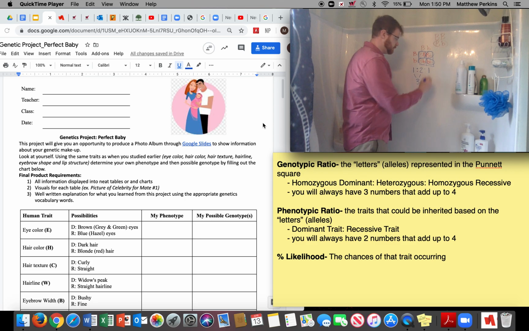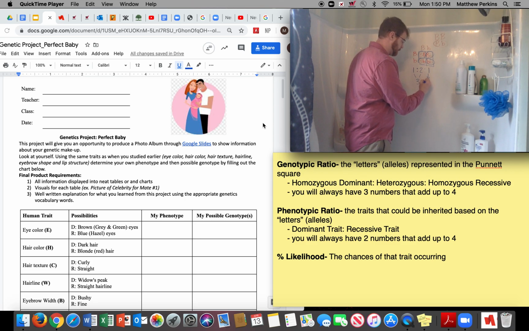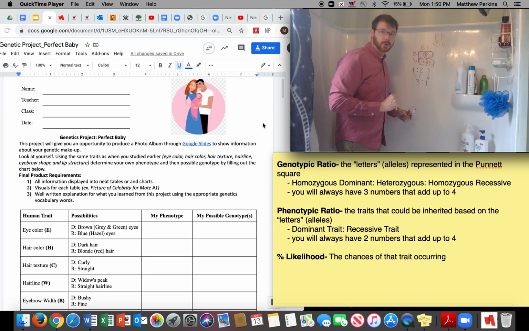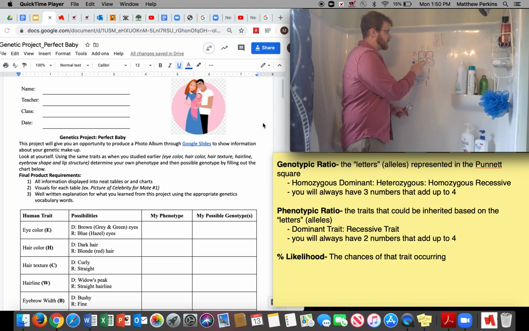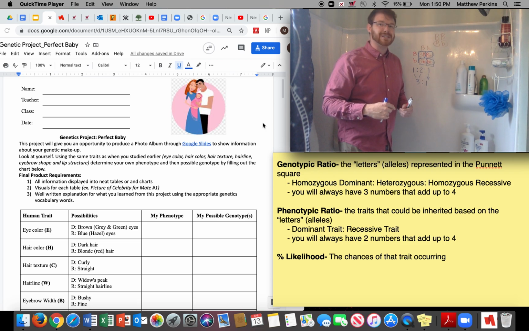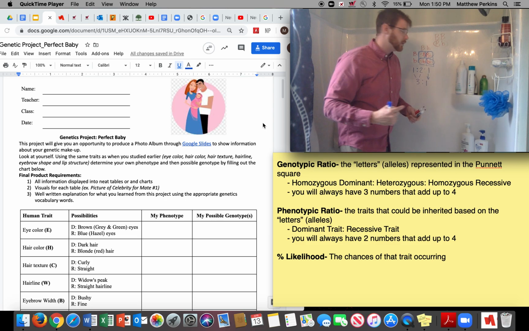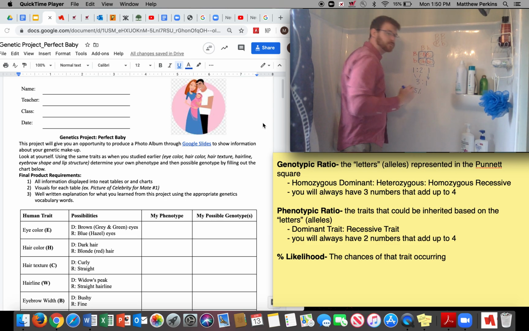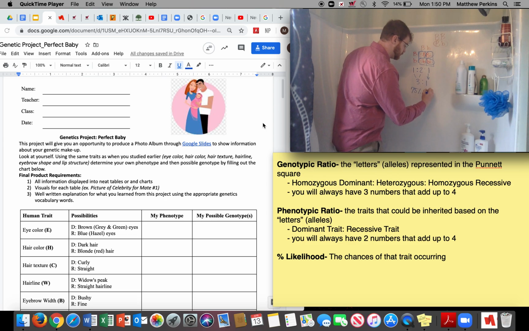That gives me 3, and then I just take this one down because that's my only recessive one. So my phenotypic ratio would then be 3 to 1. There's the potential that 3 of these boxes would have the dominant trait and 1 box would have the recessive trait. That's me.